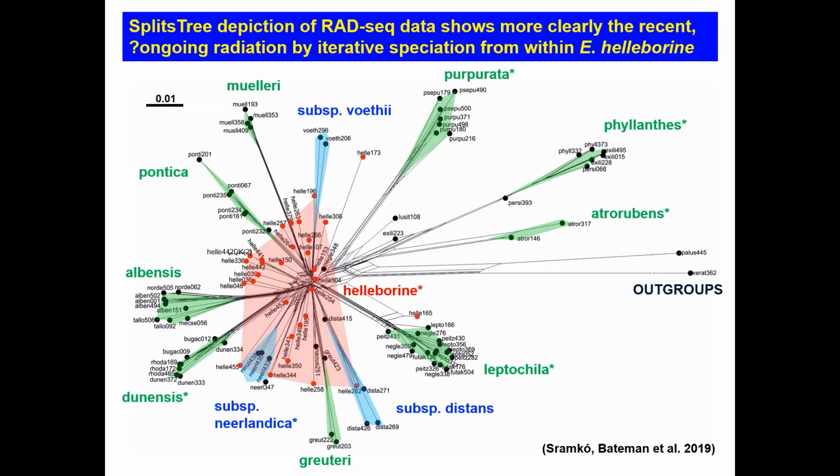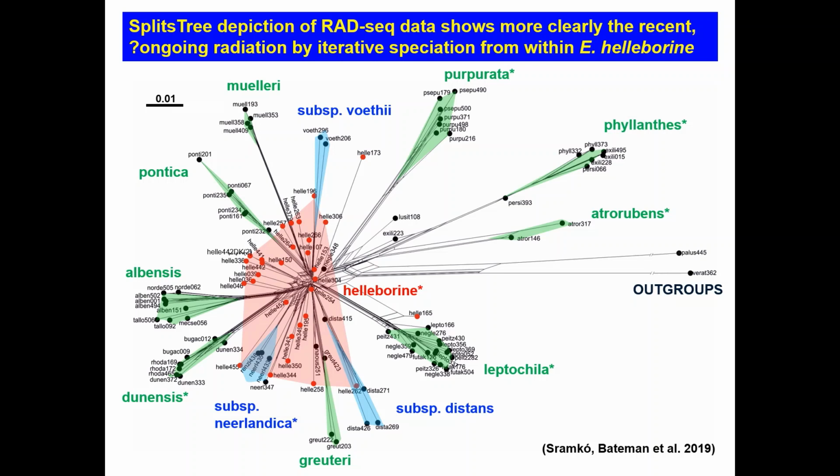But you'll also see in the middle, marked with the red polygon and the red dots, are all the individuals of Epipactis helleborine. You can see that they represent an ancestral plexus from which these other more genetically distinct species have originated.